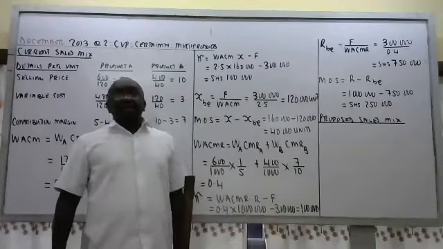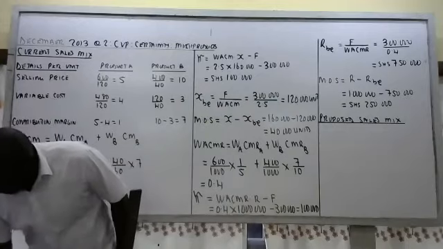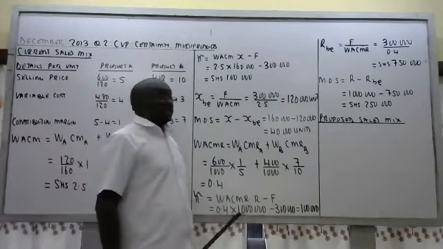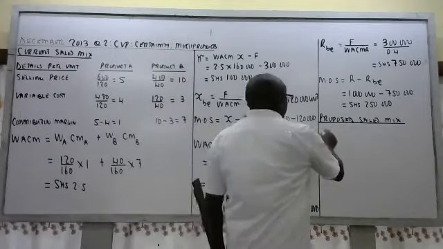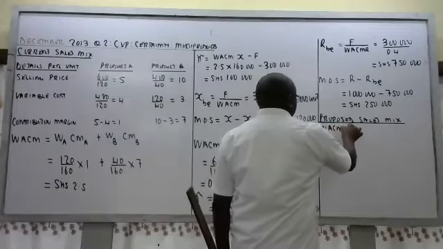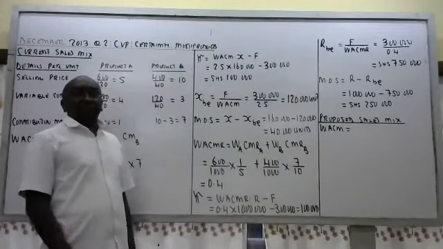You are told to advise on the proposed sales mix. So this one, it is very simple because you just make the decision based on profits. So the first thing is to get the weighted average contribution margin.